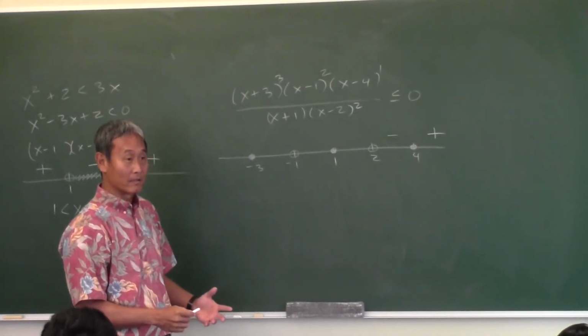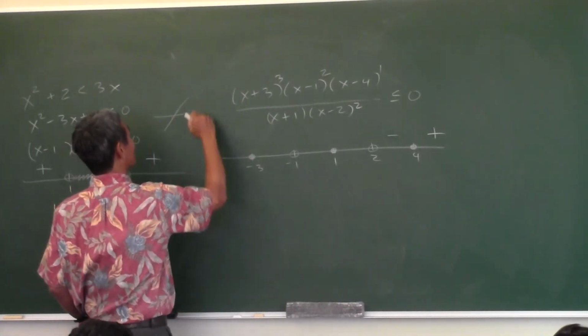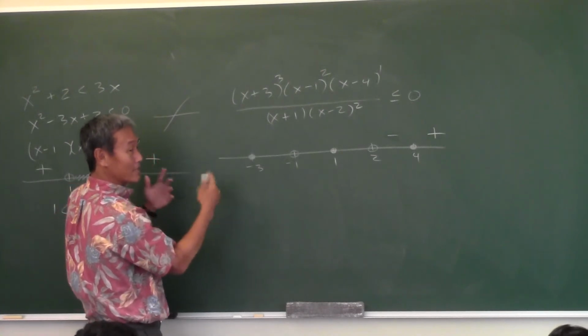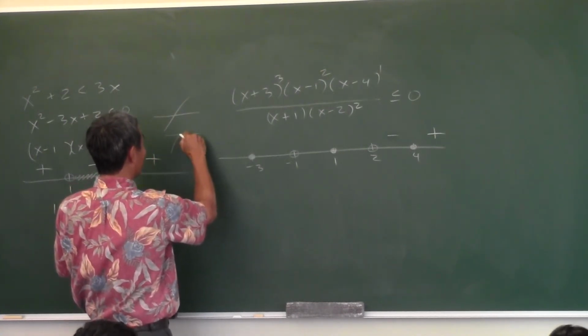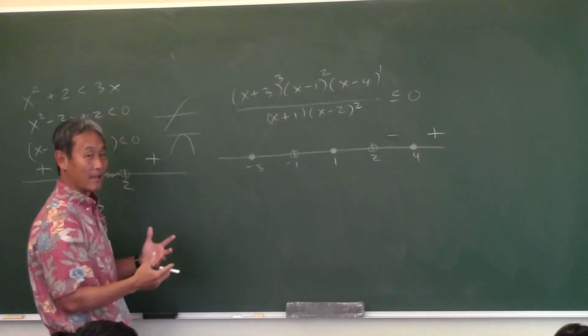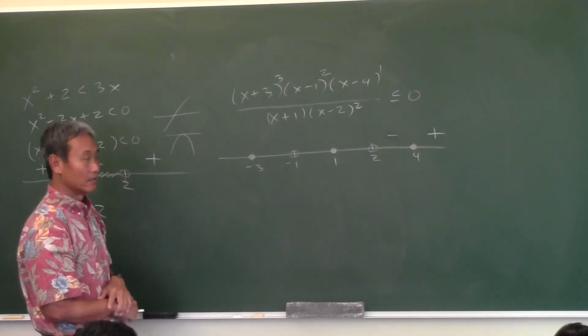Because odd power, right? That means the graph goes through, so it changes, right? Whereas if you had an even power, the graph bounces off, then it stays the same, right?